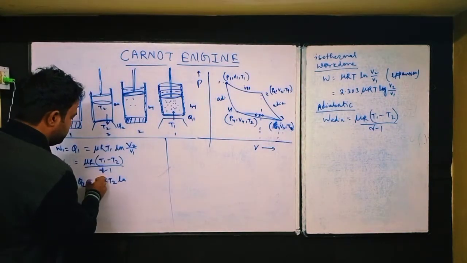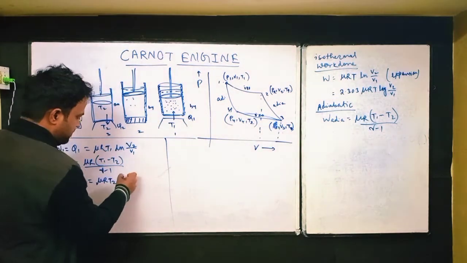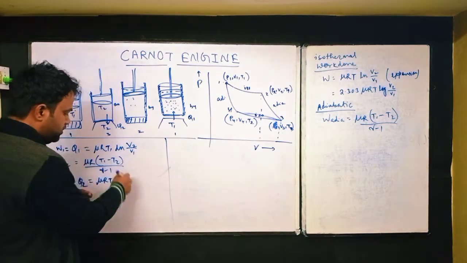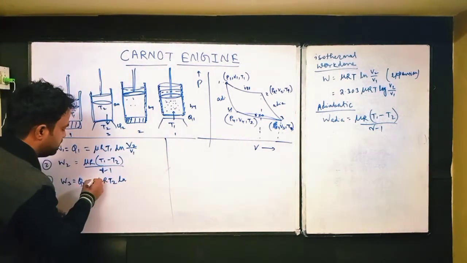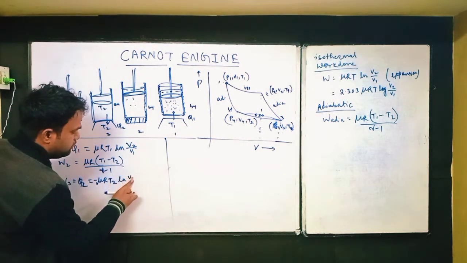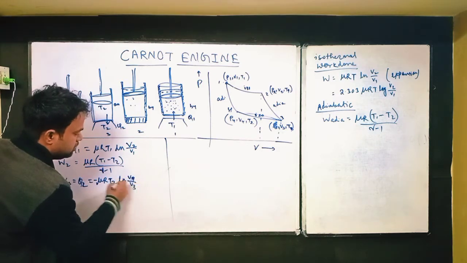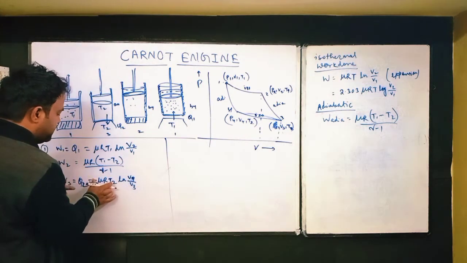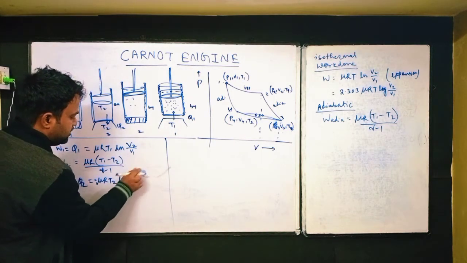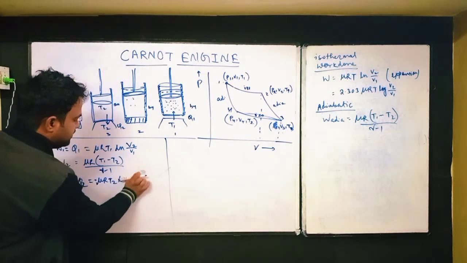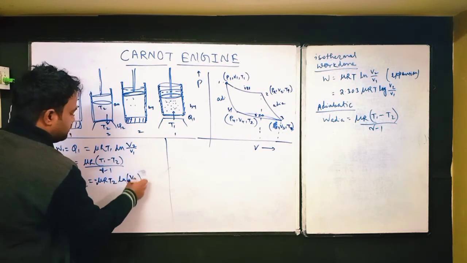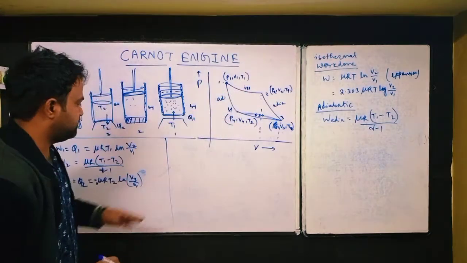We can write this as ln V4 by V3, final by initial, or with the negative sign the power becomes minus 1, so it finally becomes V3 by V4. Are you getting it or not? I'm writing it directly, so this will become V3 by V4, because work is done on the system in the third process.